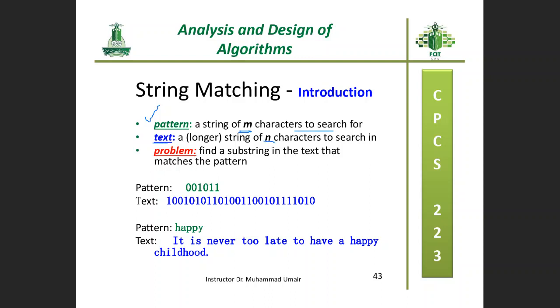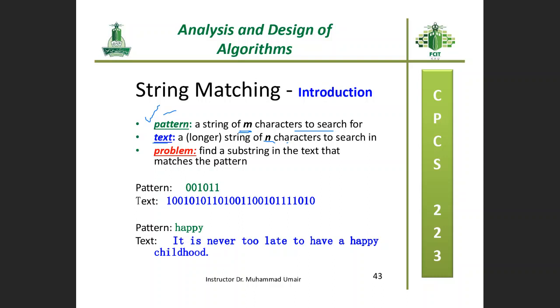Usually n is greater than m. If n is smaller than m, can you find the pattern? Obviously, you cannot find it. If the text size is smaller than the pattern, obviously you cannot find that pattern. So n is a longer string, the collection of characters to search for the value, the pattern.